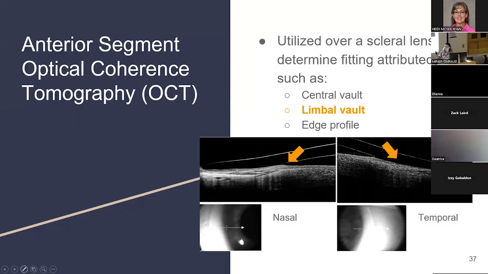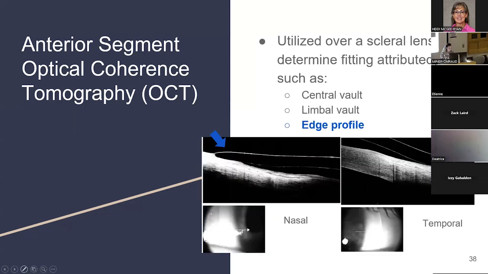These are the nasal and temporal sides of the lens. This is not good. We need to add vault there. And the anterior segment OCT here helped me to determine that I needed to make that change. I wasn't able to visualize it behind the slit lamp, but using this technology, I could denote it here and make the change necessary.